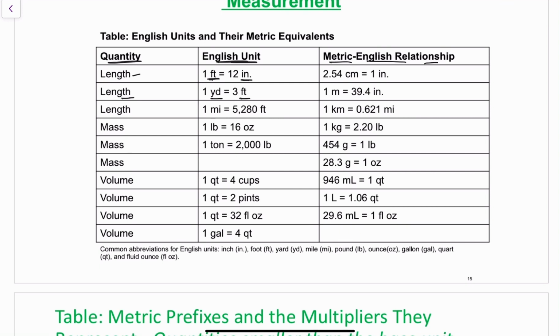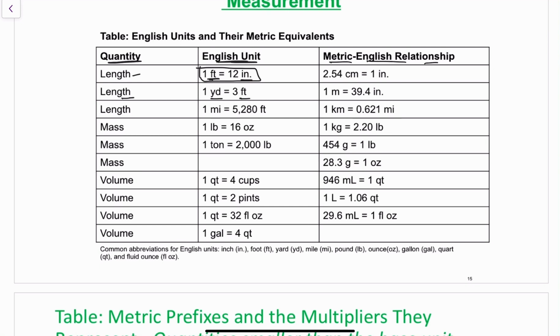And on the first one, it says 1 foot equals 12 inches. So that means if we say 1 foot or 12 inches, both are the same, right? Same measurement, but in different units. One is in feet, one in inches. They are measuring the same length, right?